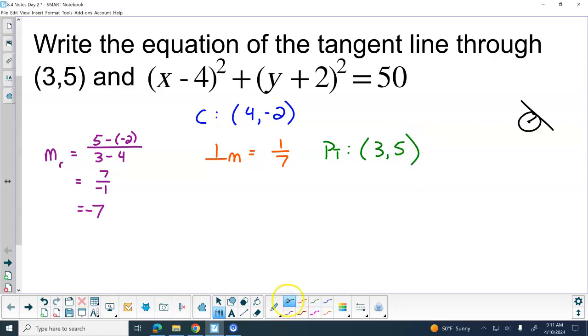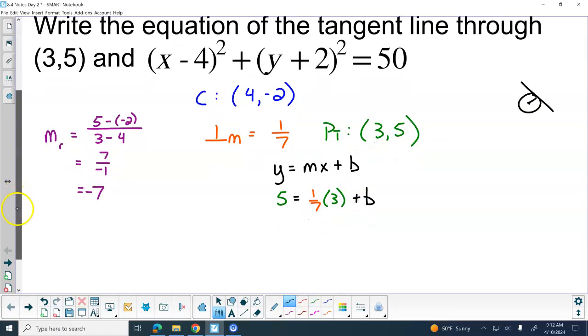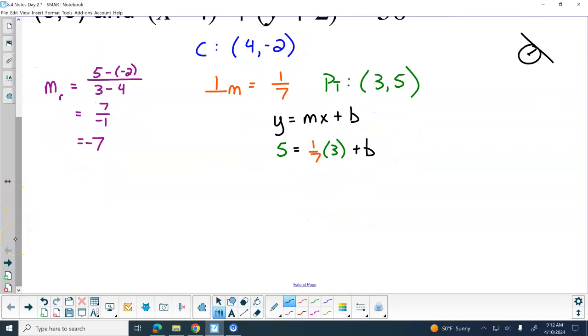So we can do a little y equals mx plus b on it. 5 is going to equal 1/7 times 3 plus b. 1/7 times 3 is 3/7.